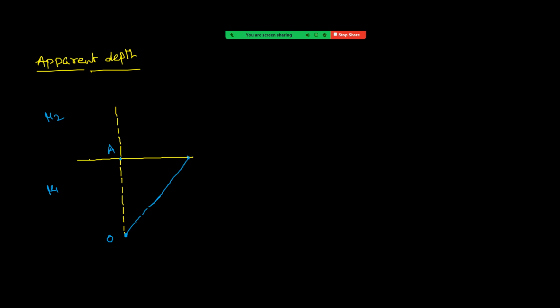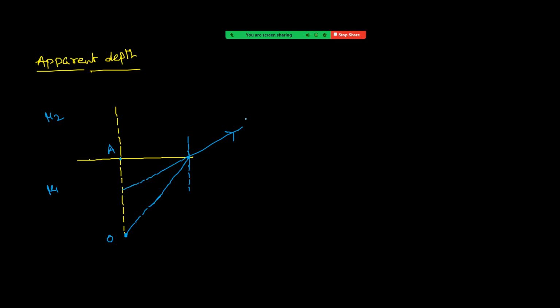This is the point of incidence, and I am taking the normal at the point of incidence. Suppose this is traveling from a denser medium to a rarer medium. Then the light ray bends away from normal, like this. Now extend the rays back.